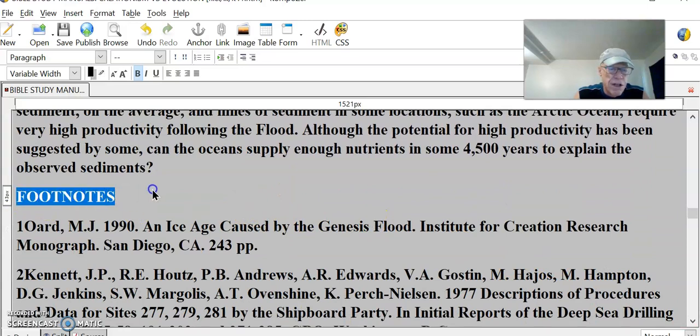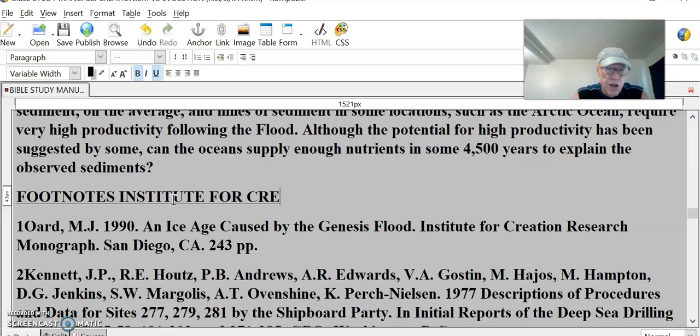Then we got footnotes in this article. Institute for Creation Research. They have a bunch of scientists on here.